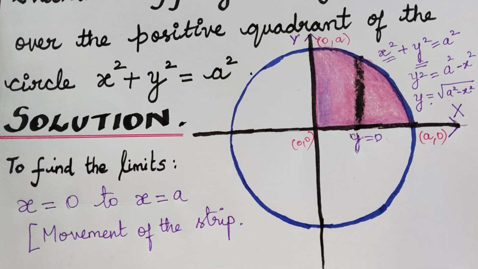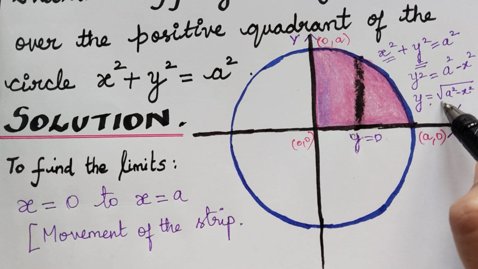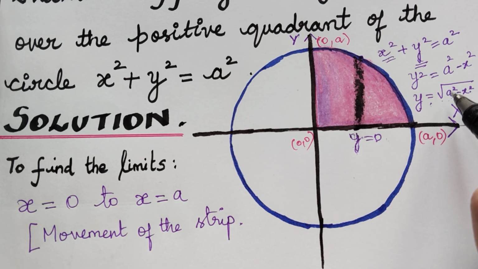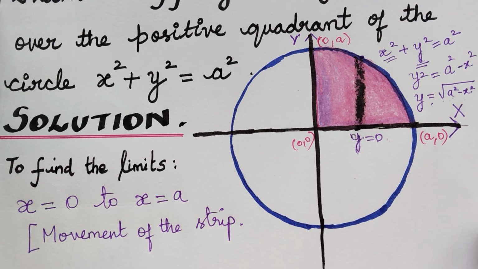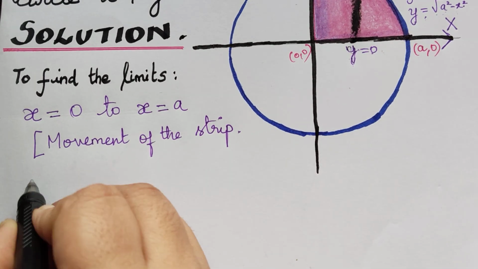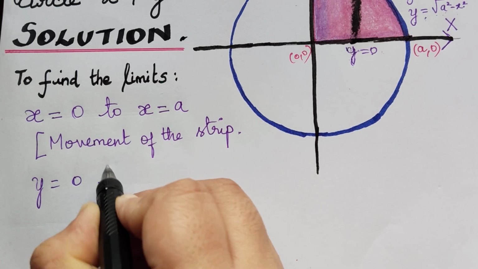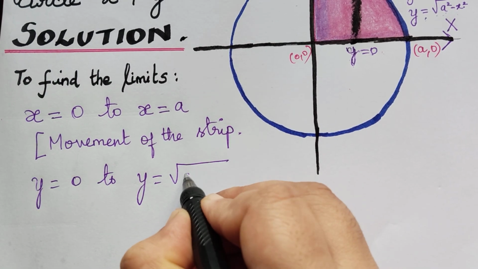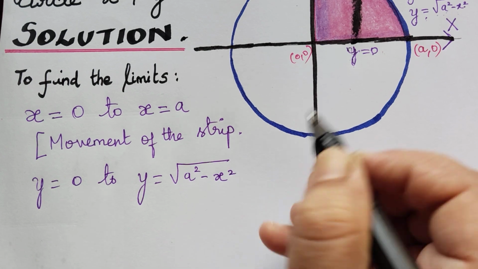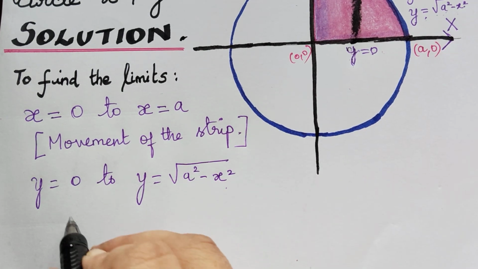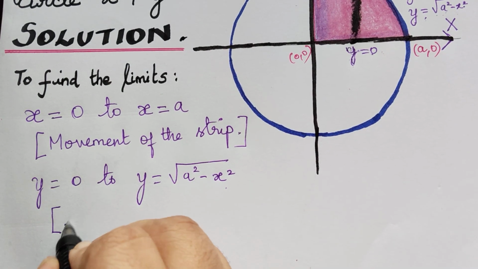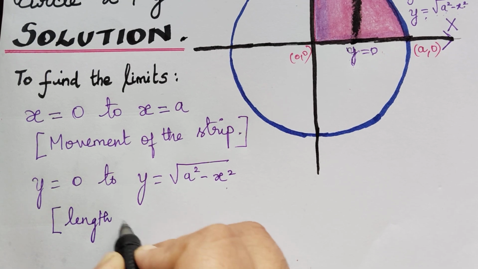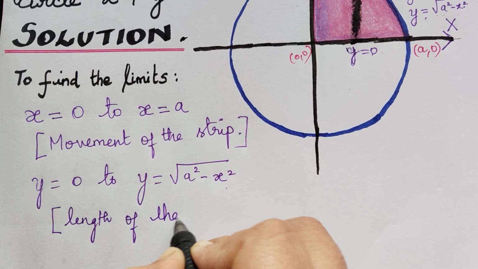So in general, it can be taken as y is equal to square root of a square minus x square. Therefore, the limits for y is from y is equal to 0 to y is equal to square root of a square minus x square. How is this obtained? This is obtained from the length of the strip.